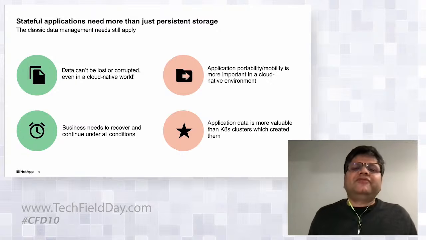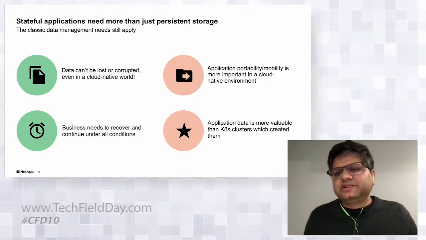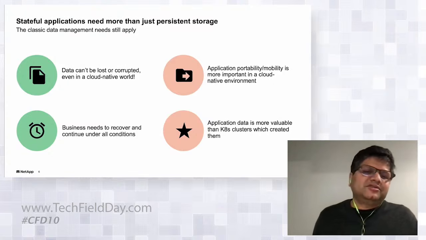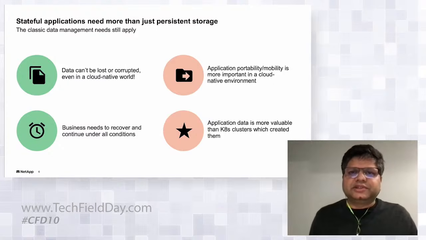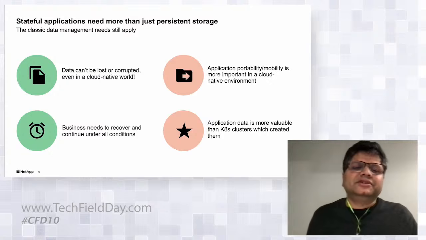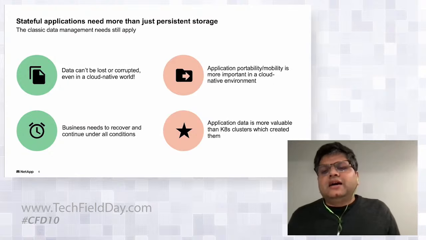However, what we have found, mostly through our Trident customer-based perspective, is that stateful applications need more than just persistent storage. Persistent storage is a great start, but that's not everything. That's not the only thing people need when they're running their business critical apps on Kubernetes. Even in the cloud native world, data cannot be lost or corrupted. That's a given. Business continuity is more important than ever, and in the cloud native world, it doesn't go away, right? So you cannot have an outage for hours and say everything is fine.